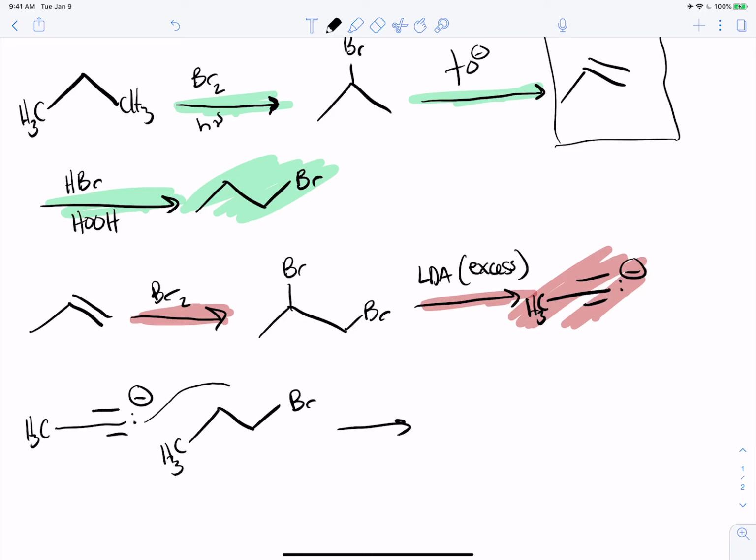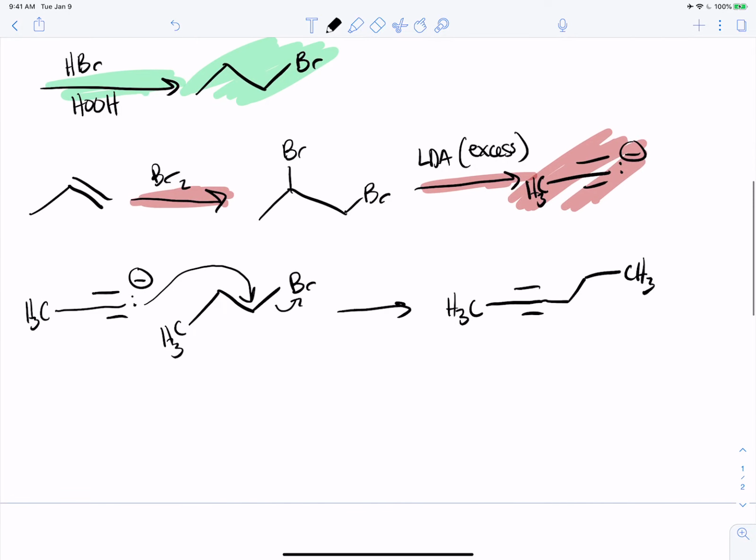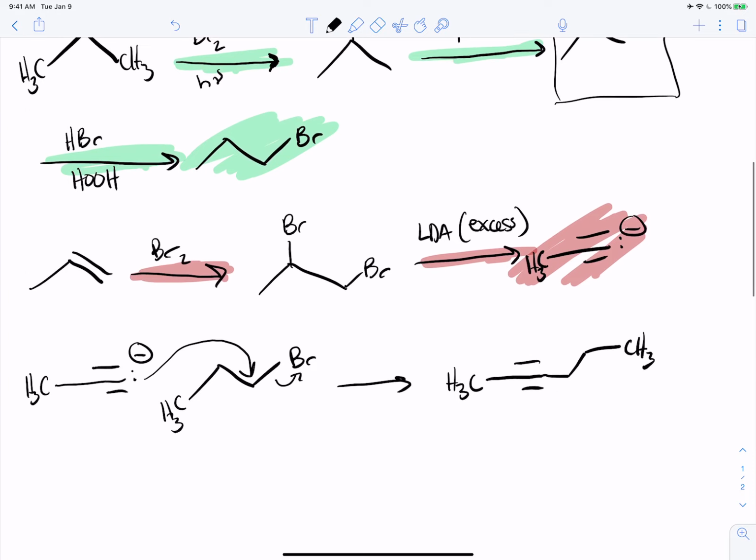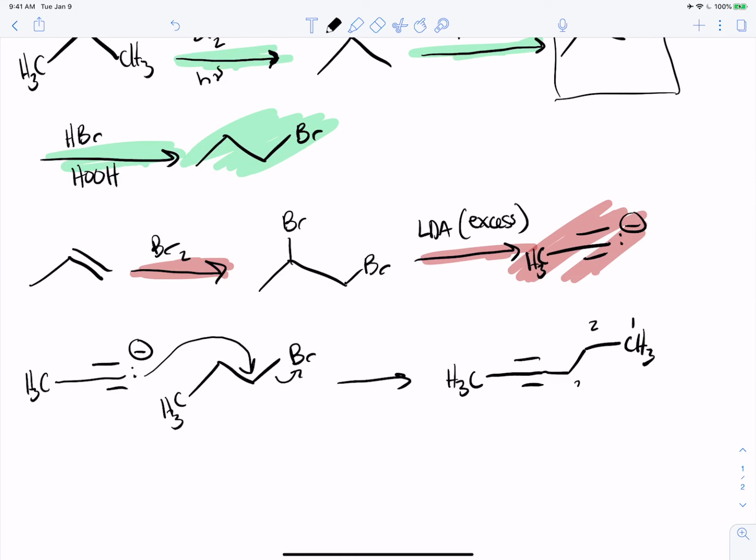And this goes through what we now know is an SN2 reaction. And now hopefully it's clear why this only works with primary alkyl halides. It's a strong base. If you use it with a secondary, you end up getting E2 elimination. 1, 2, 3, 4, 5, 6.